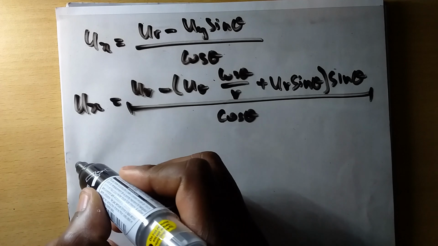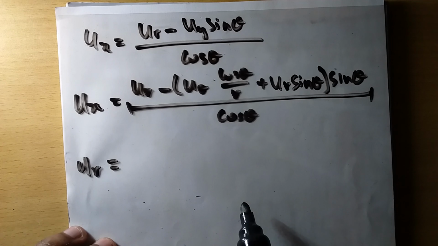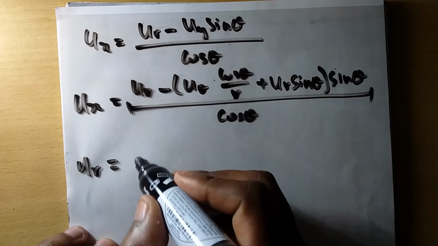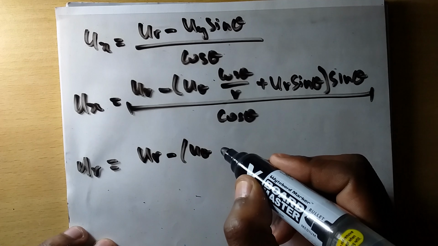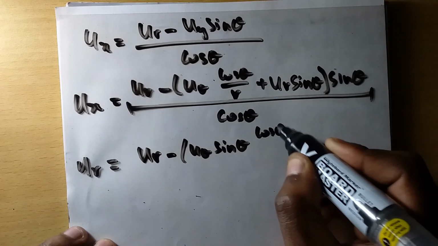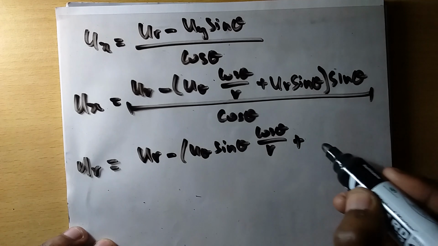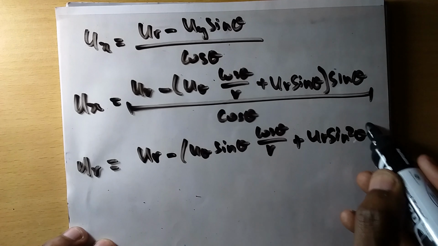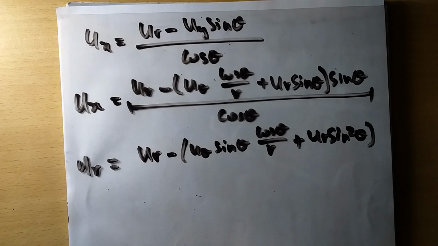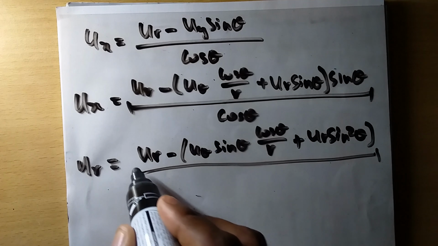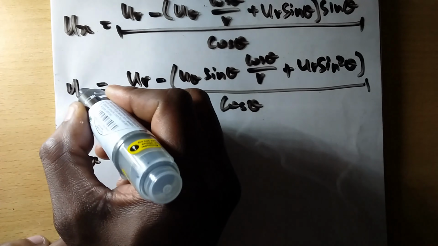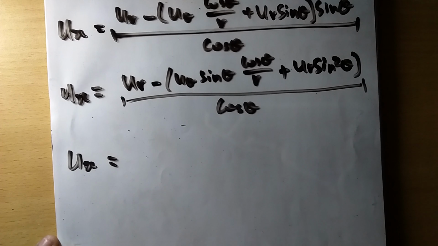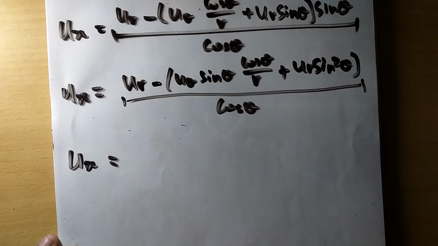So our U_x will be equal to, there's nothing much we can do, we can just write it as U_r minus U_θ multiplied by sin θ cos θ divided by r, plus U_r sin squared θ, and the whole thing is divided by cos θ. Now we take out U_r as the subject of the formula.